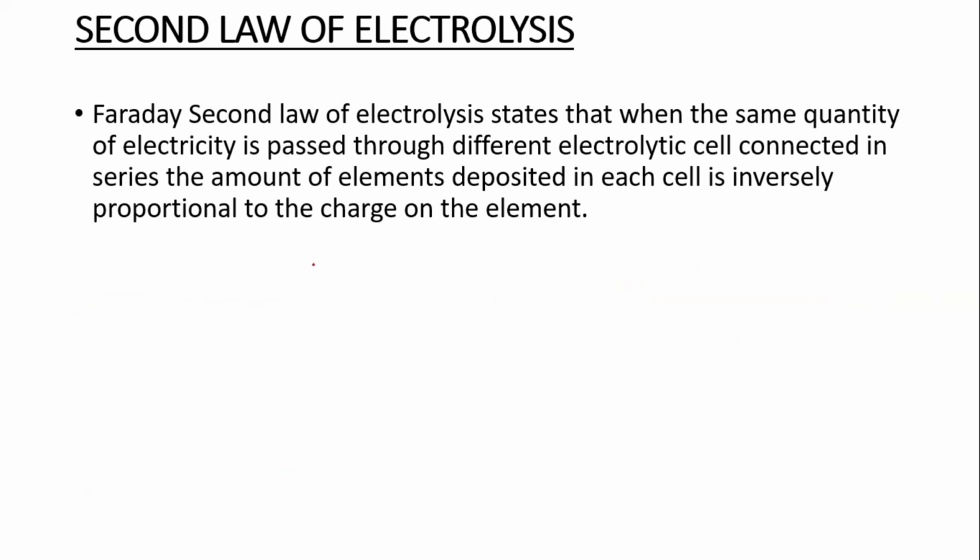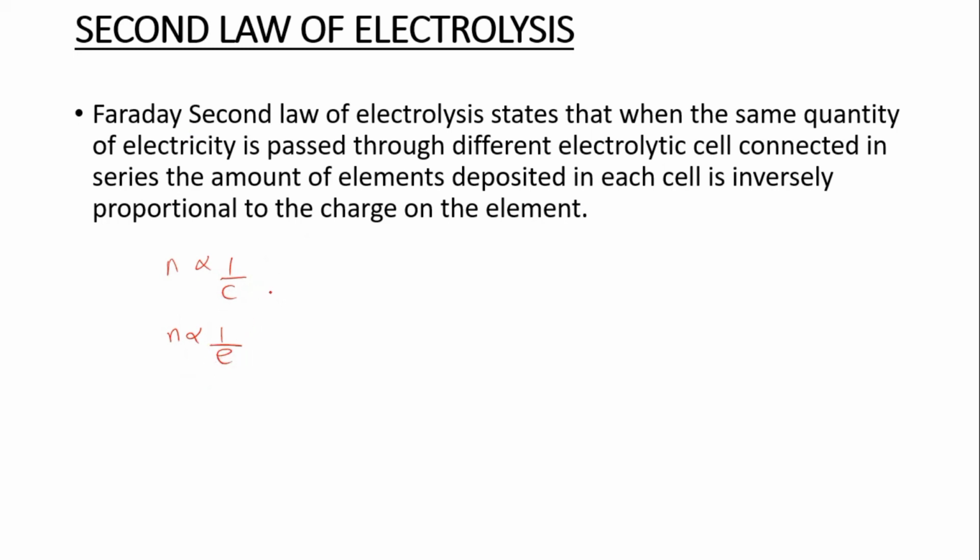Mathematically, the law says that it's inversely proportional to the charge, the charge on the element. And earlier, we deduced that this charge is the same as the coefficient of the electron that is passed.